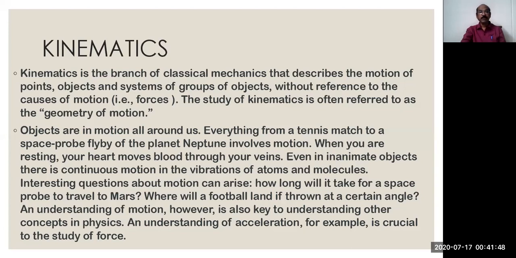Kinematics is the branch of classical mechanics that describes the motion of points, objects, and systems of groups of objects without reference to the causes of motion, that is, forces.